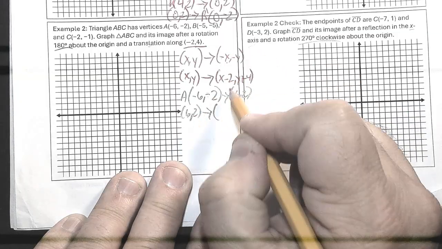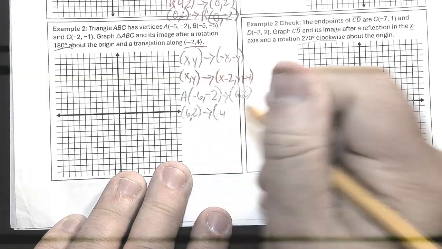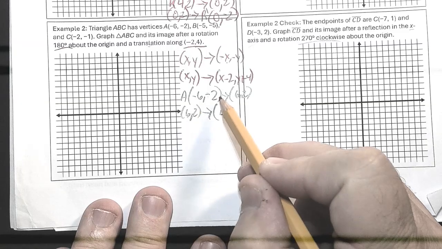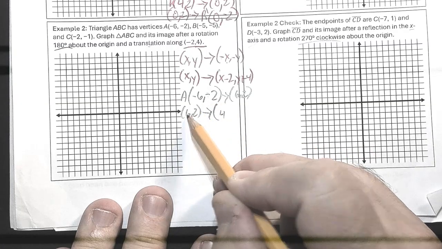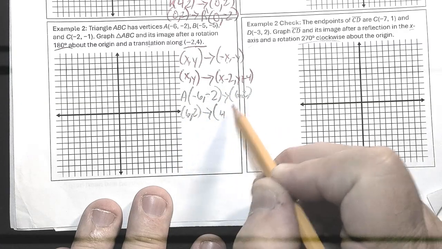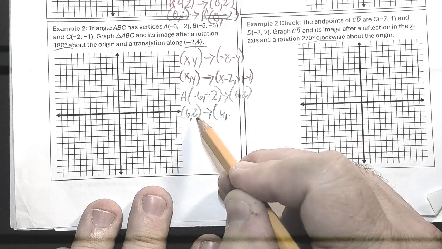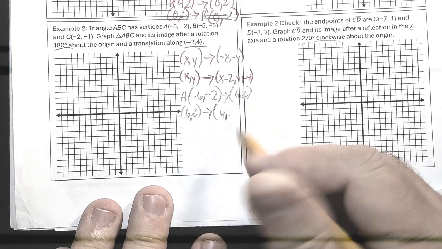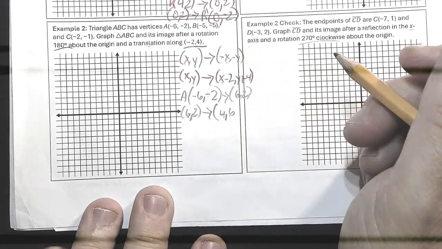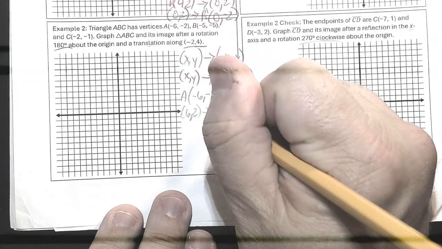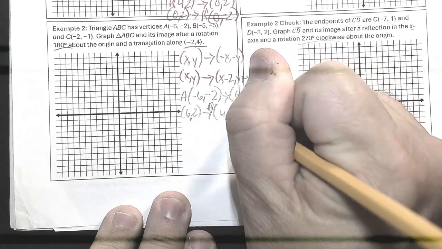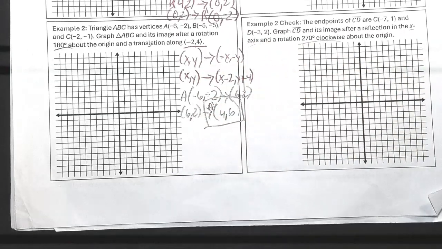So 6 minus 2 is 4. And then 2 plus 4 is 6. Double check. Yep. So this is A prime. I'm going to kind of box it in because I kind of messed that up.